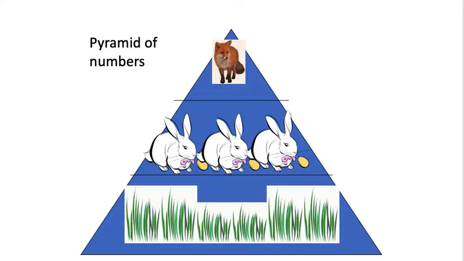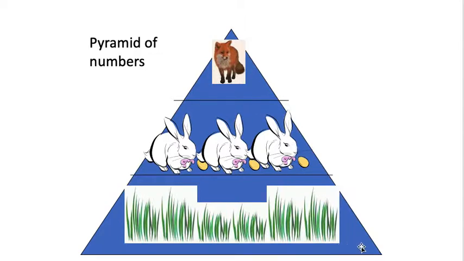Most of that's better explained using an example. So here is our grass rabbit fox food chain, and we'll see that when we draw a pyramid of numbers for our grass rabbit fox, we'll have loads and loads of grass, so lots and lots of your producer, a very high population of producer. You'll have fewer rabbits, and then you'll have very much fewer foxes.